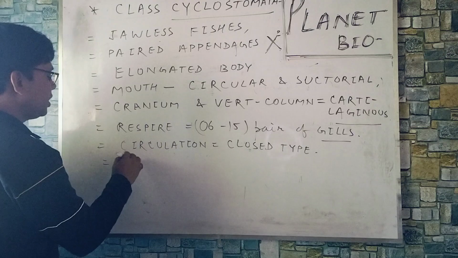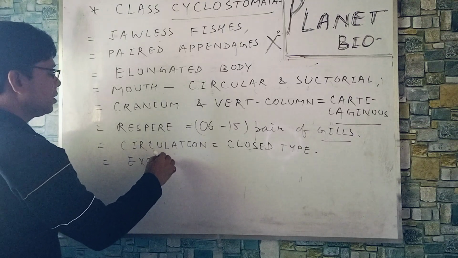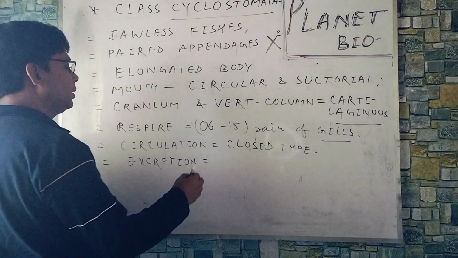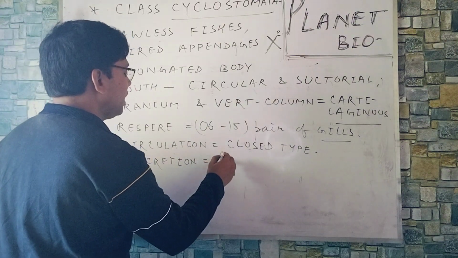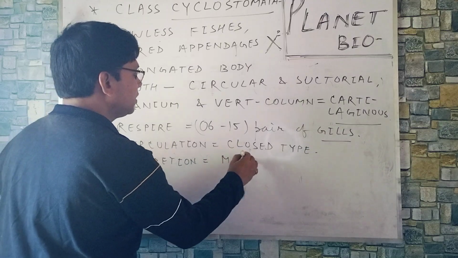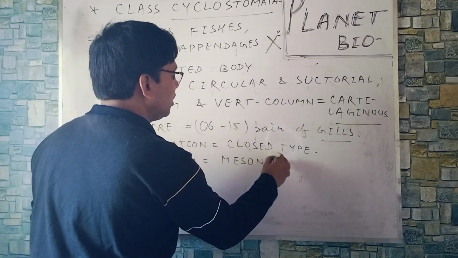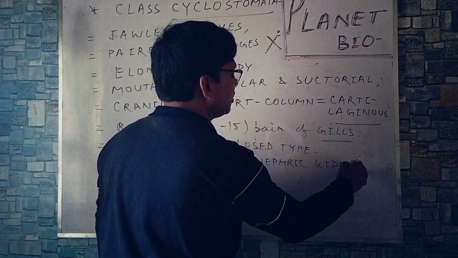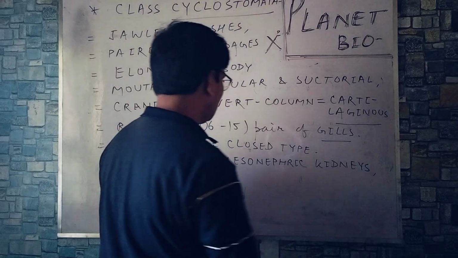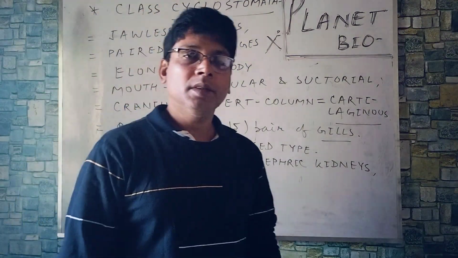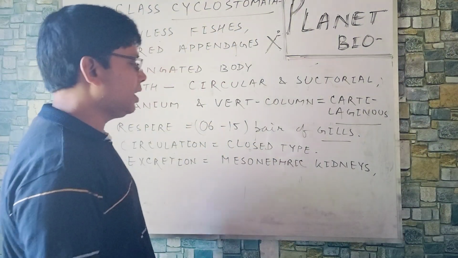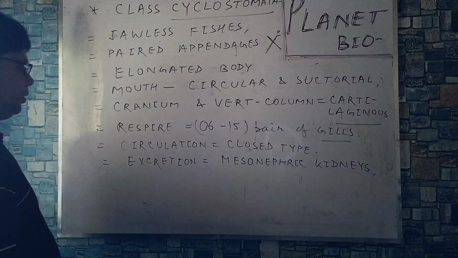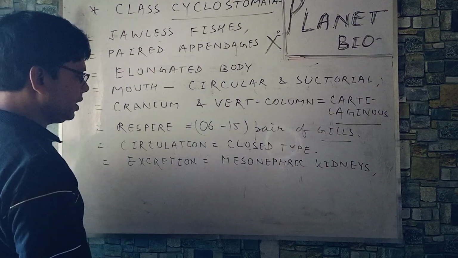Then excretion, the removal of metabolic wastes: they have mesonephric kidneys. Their larvae may have pronephric kidneys.